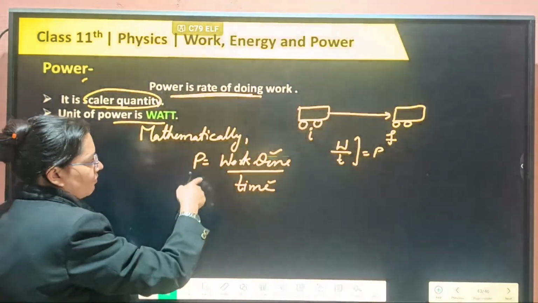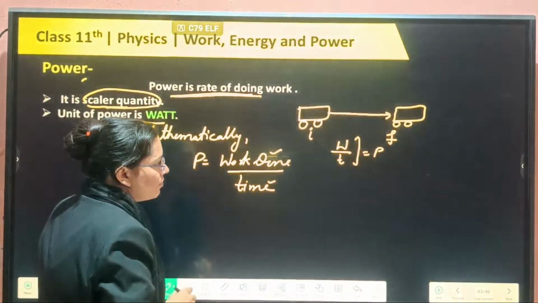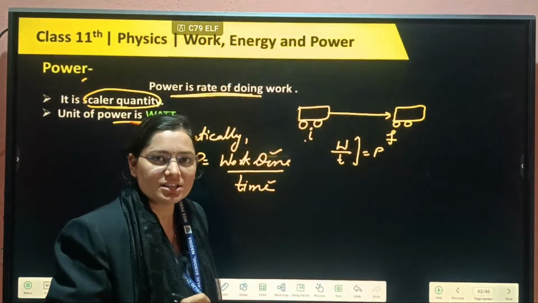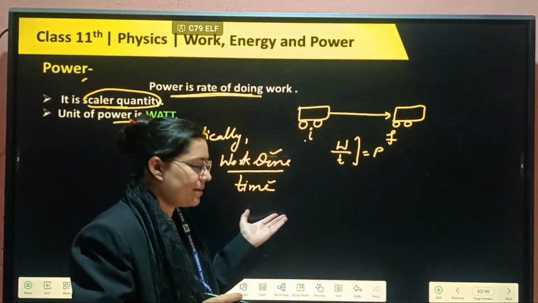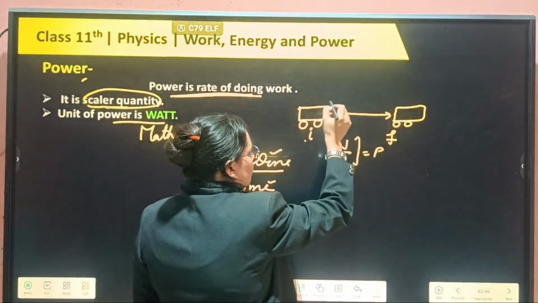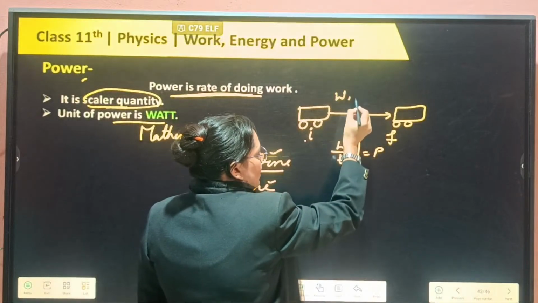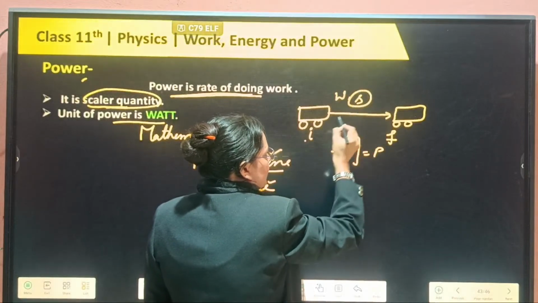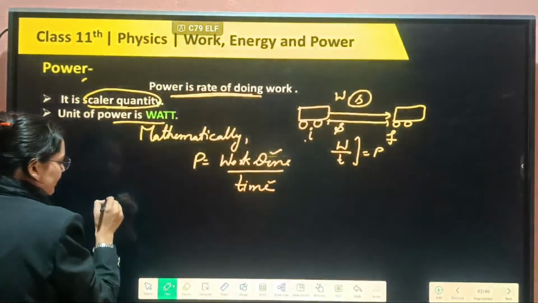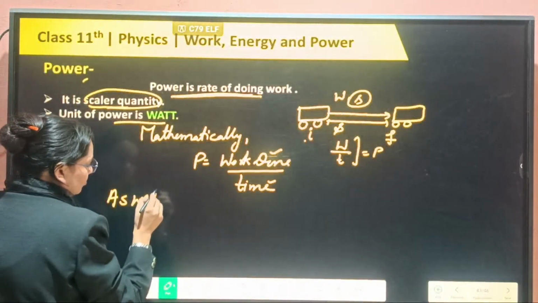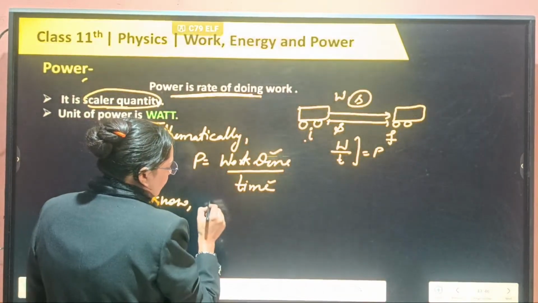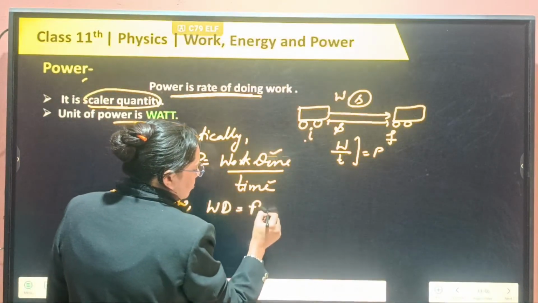Clear? So we can express power in a different form. As a body goes from here to there, we can find its power from how much work is done by the body in which time. If W is the work done, with displacement, we know work done equals force into displacement.